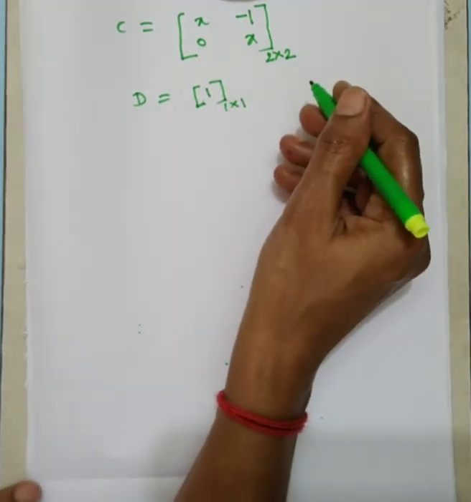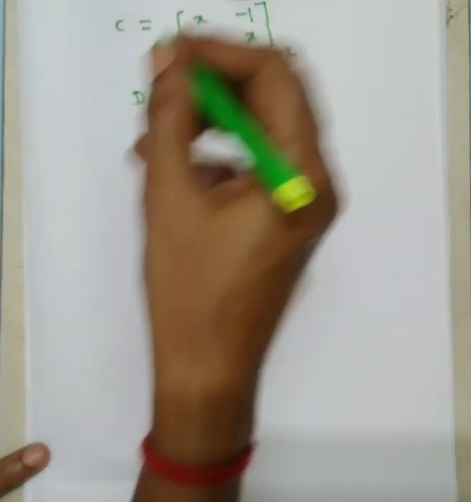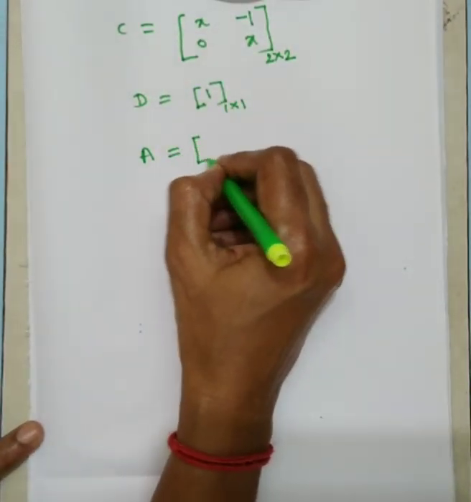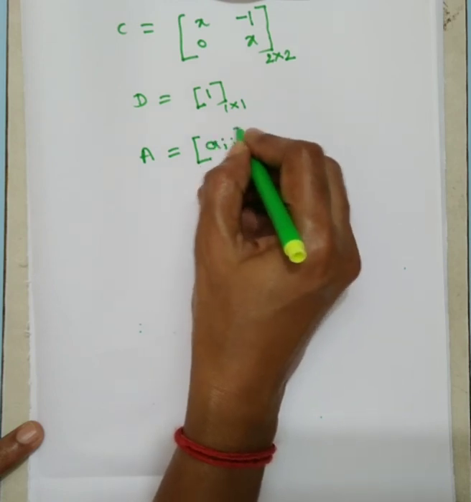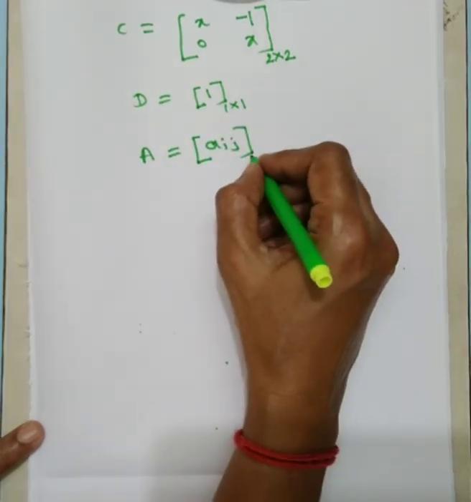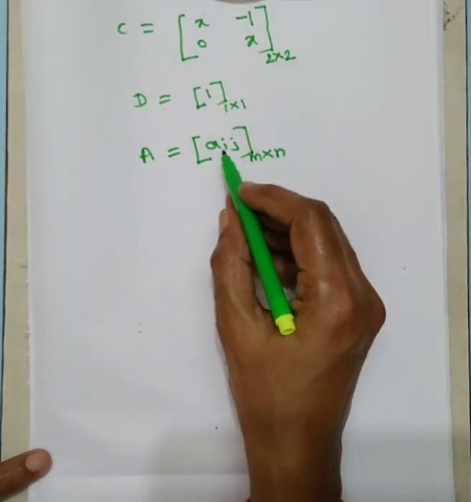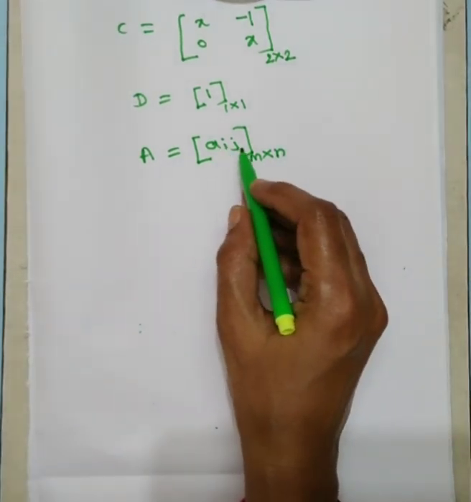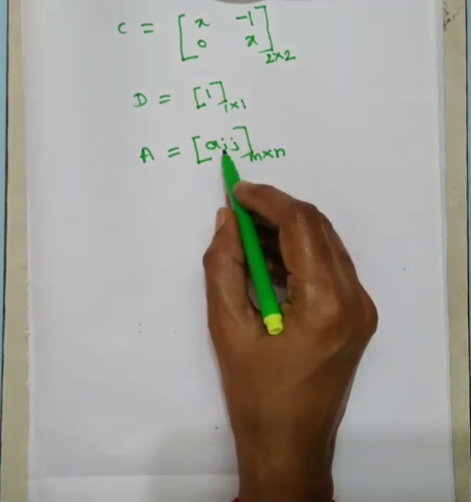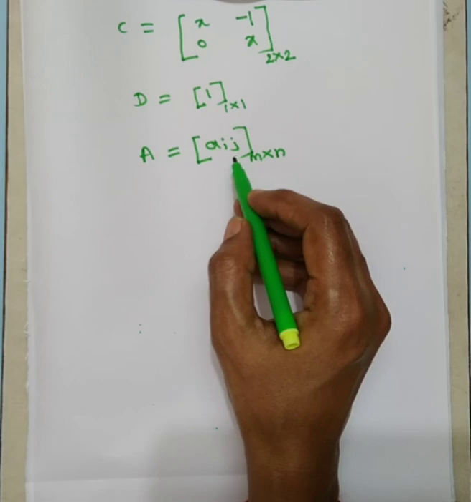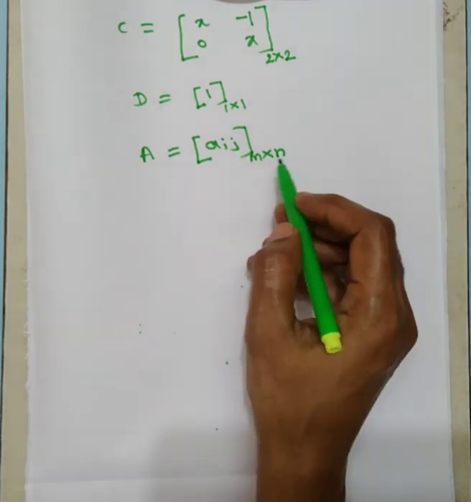Now let us see in general how it can be represented. Here A is equal to Aij, where the order of the matrix is m by n. Here Aij means the element lying in the ith row and jth column. So let us write it.